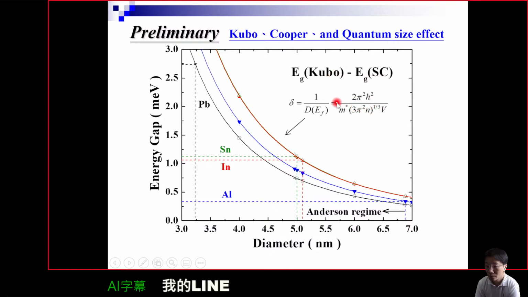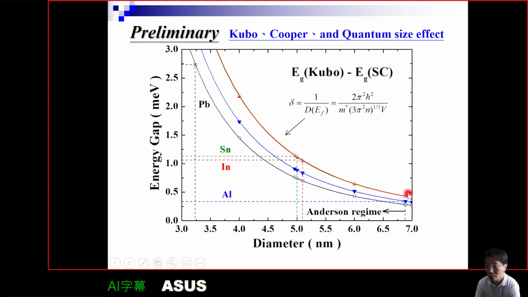If we know the Cooper gap of this kind of element, the capital delta equal delta, we can calculate the diameter from the valence of this equation. Then we can find out the limited size at which the superconductor will lose its superconductivity.